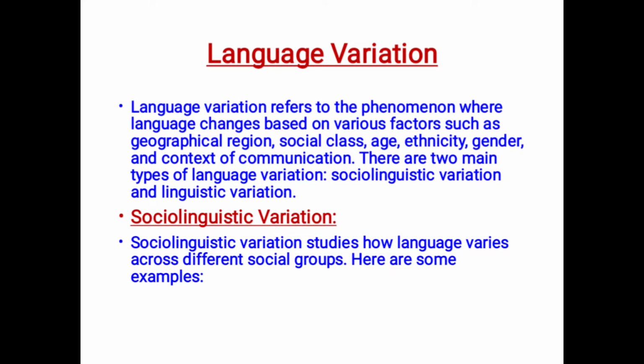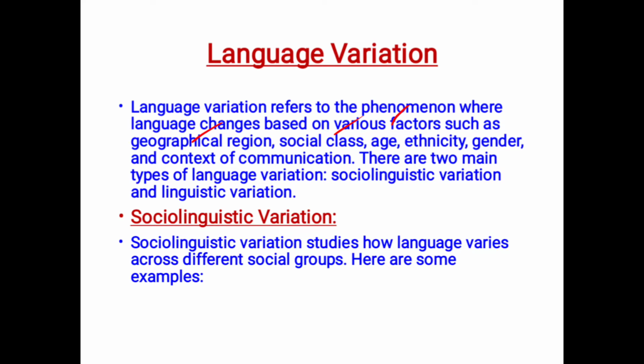Language variation refers to the phenomenon where language changes based on various factors. It means language gets changed, but by various factors. Like what are those factors? Such as geographical region, social class, it means you belong to the higher class, lower class, middle class, or elite class. Age, it means at what age our language varies.